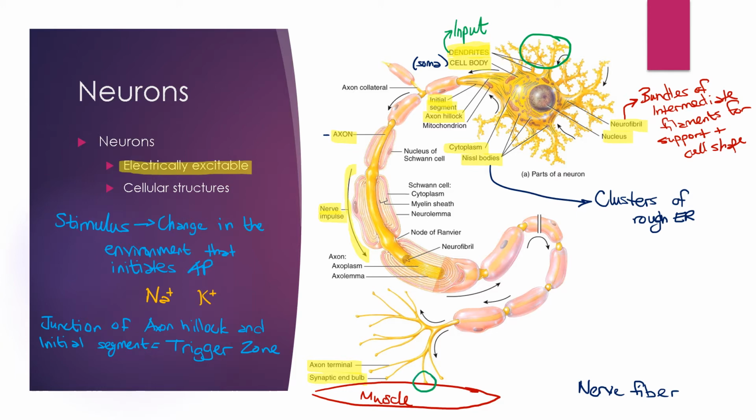At this point of contact, this is going to be the site of communication between the neuron and the muscle cell. This could also be a site of communication between two neurons. Remember, there's going to be a gap between them, and it's called the synapse. Remember that the synapse is the site of communication between a neuron and its effector.